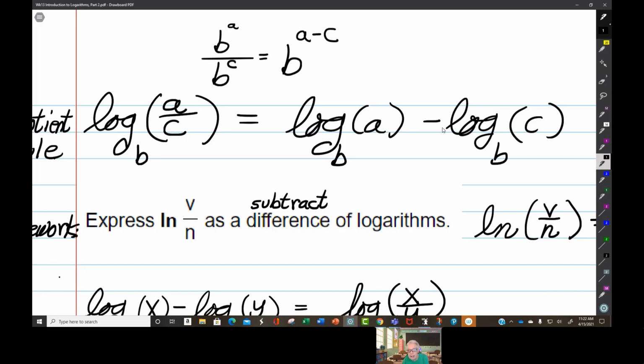Log base b of a minus log base b of c. Logarithms are the way they are because they actually live up here.